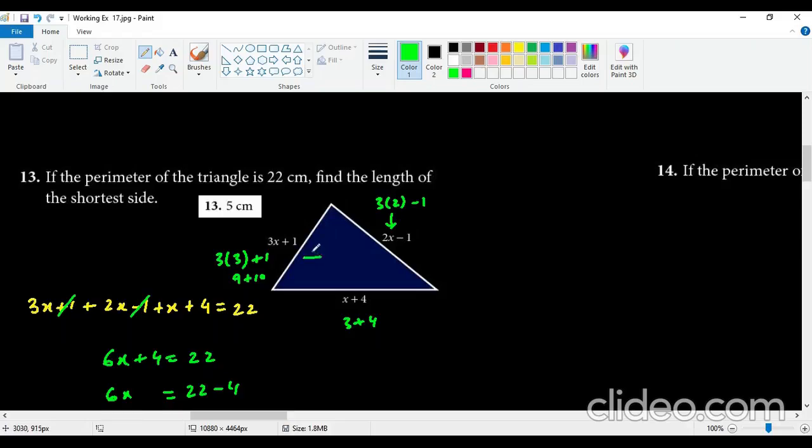So this side is 10, this side is 7, and this side is 6 minus 1 is 5. And when we add all these together, this is going to give us 22, which is the correct answer. And they are asking you to find the length of the shortest side. Shortest side is 5 centimeters.